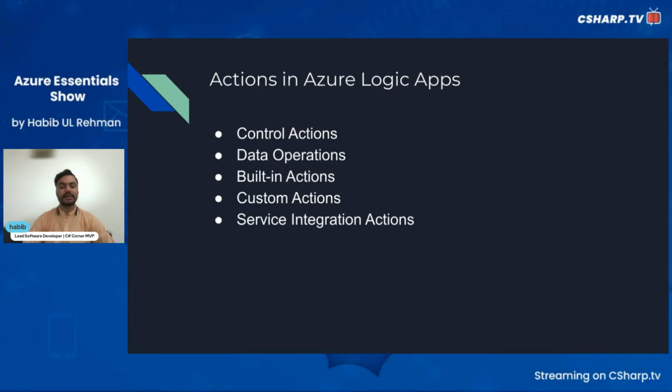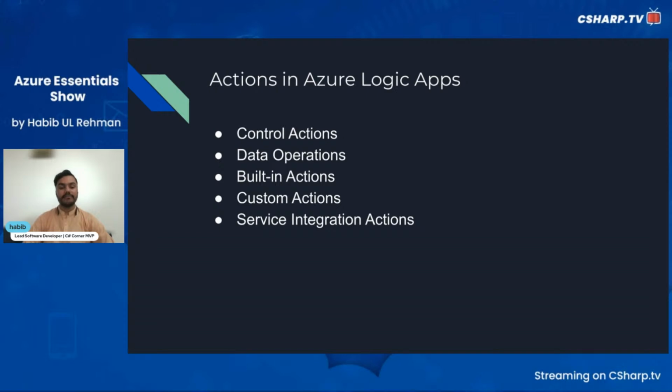Built-in actions are for built-in connectors like HTTP, SQL Server, Azure Blob Storage, and more. These actions allow interaction with a variety of data stores and services. We can also create custom actions for Azure Logic Apps: custom code or logic created using Azure Functions or custom APIs can be invoked as actions within a Logic App.